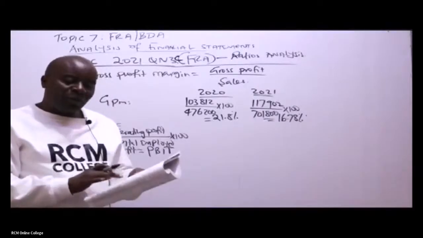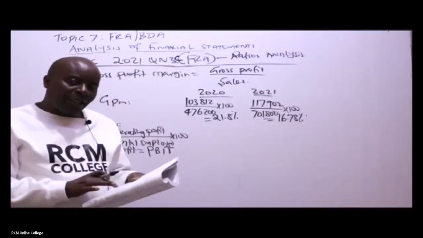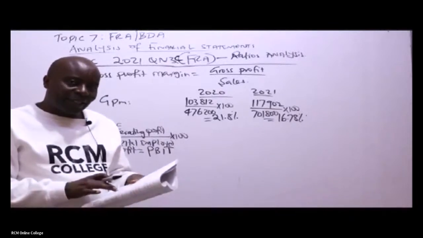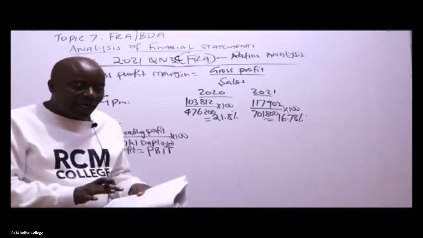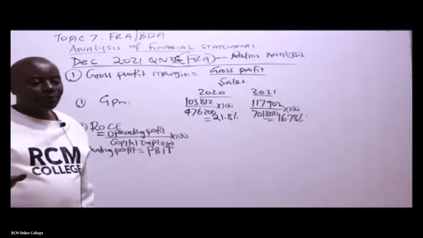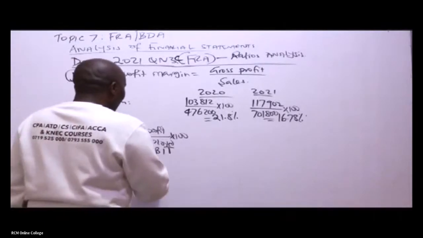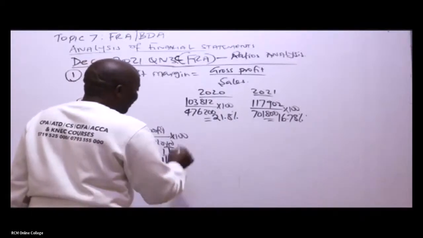Because you see, this figure is profit before tax. To arrive at that, they subtracted the interest. Interest is the same as finance cost. So to undo that, we add back the interest charge. In this question, this will be PBT plus interest.